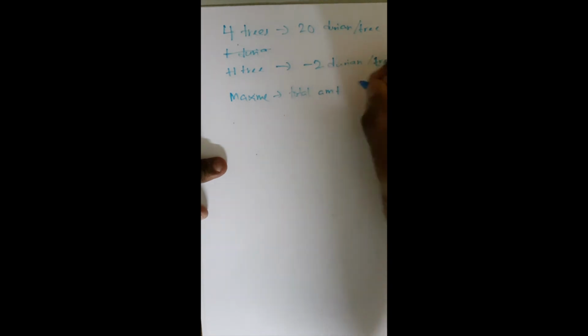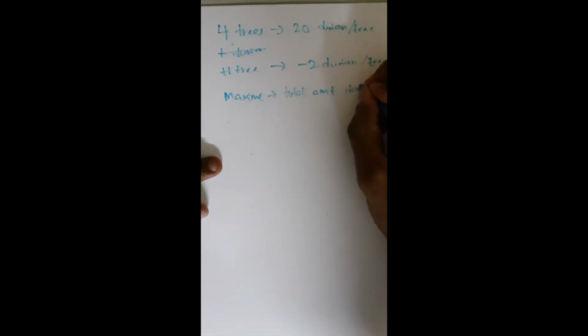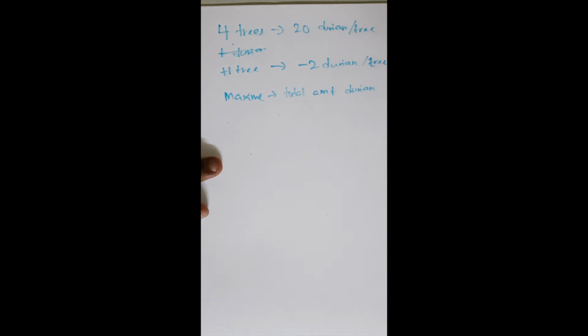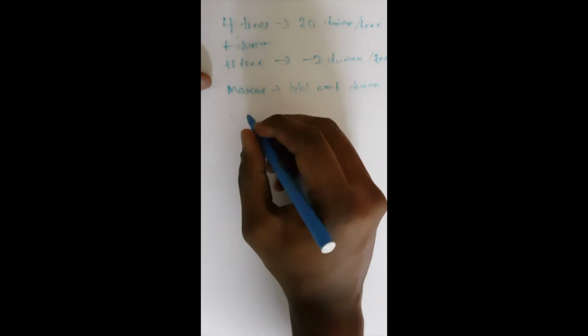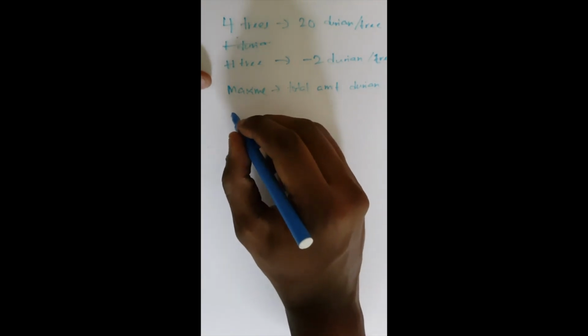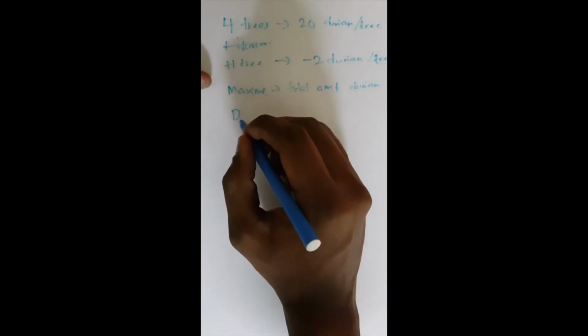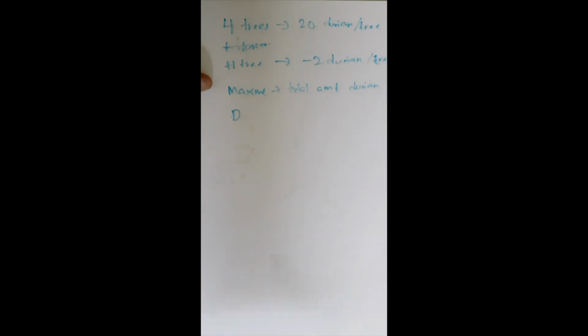This AMT is amount of durian. So let's look at the equation that we have here. I'll represent D for the total amount of durian.